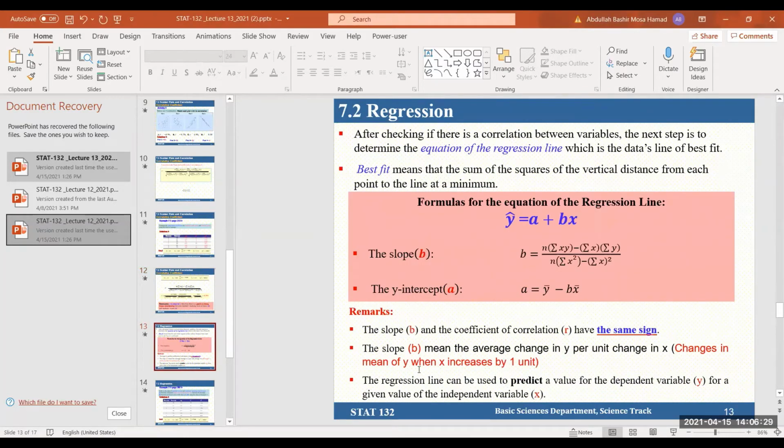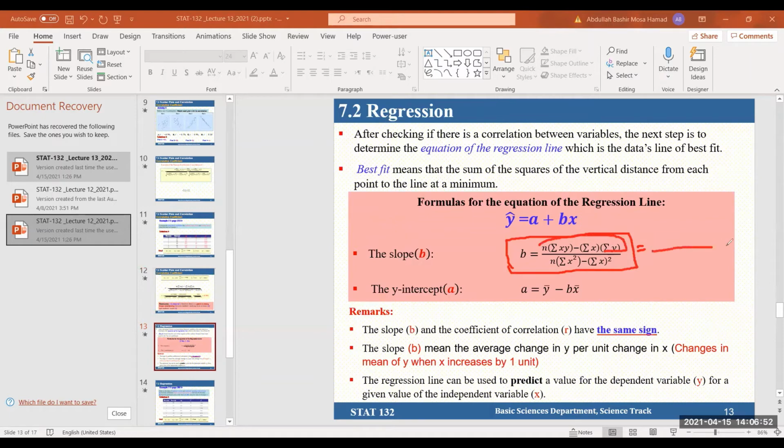Yes, for computing B, we use this, also available in the exam. You just need to know how to use it. Actually, this is closely related to R. That's why they have the same sign. This is actually the same as in R. This is the same.